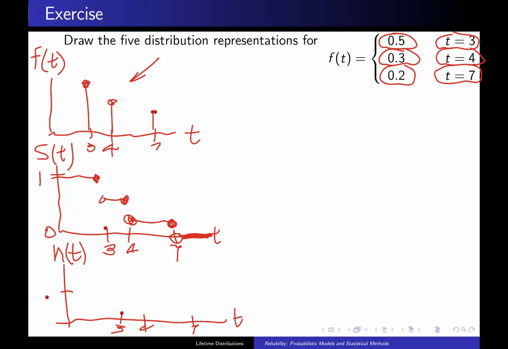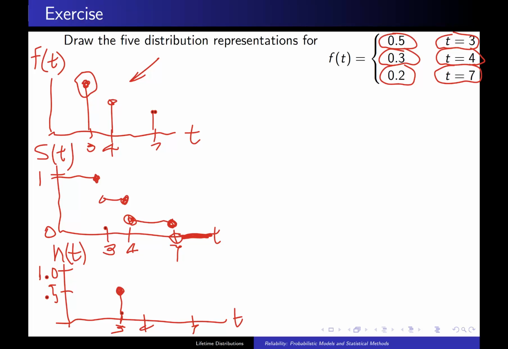Let's call this 0.5 and call this 1.0. And so in the first case, if you take the ratio of the density, and the density right here is 0.5, and then you find the value of the survivor function at 3, and notice the value of the survivor function is 1, so 0.5 divided by 1 gives you 0.5.